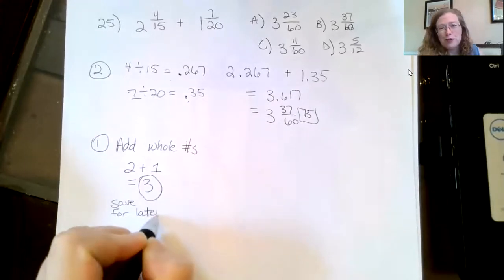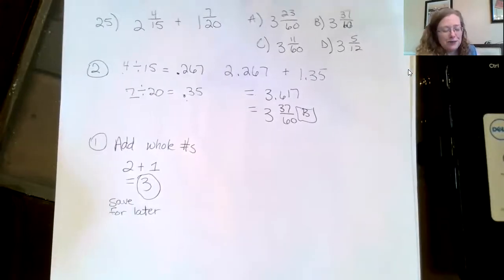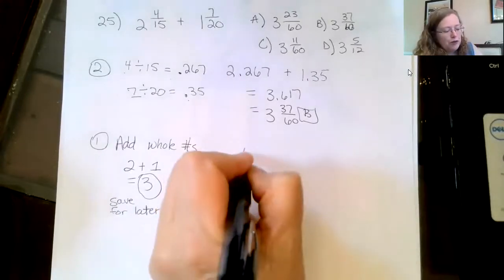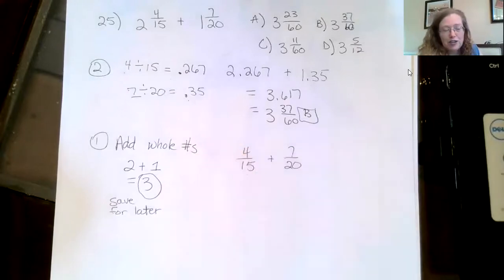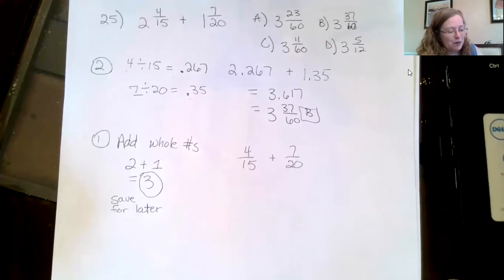So I always circle numbers that I'm going to come back to later. With the 4 over 15 plus 7 over 20, you can get your common denominator and add them together. And whichever method you want to use for getting your common denominator, that works for me. I will say that 60 will probably be easier, but I can do it the long way.